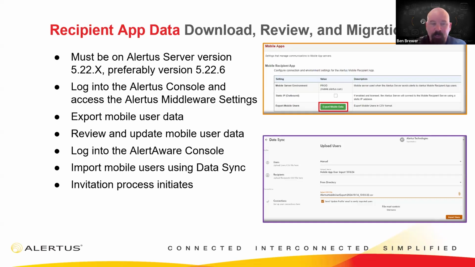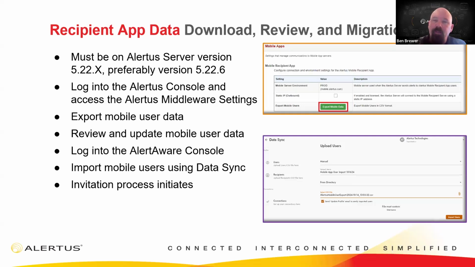And the very next step that we recommend is that we sit down and walk you through the Recipient app data download. We can definitely participate in a review thereof, but you may need some time to do that yourself, just depending upon how many subscribers you currently have that have been exported into that CSV file.